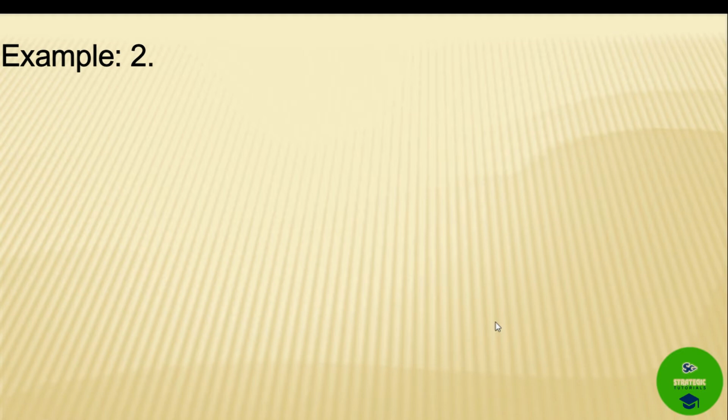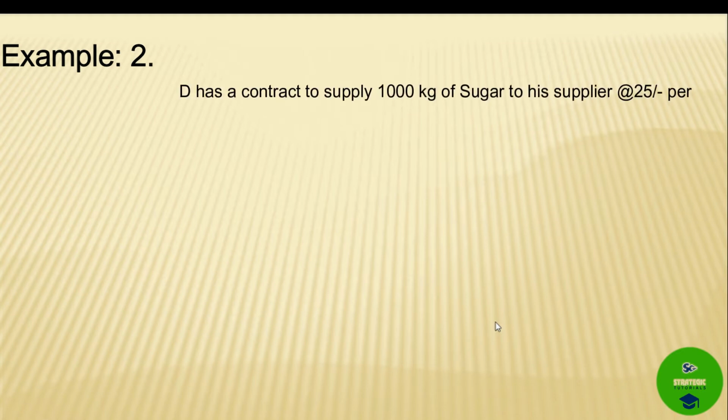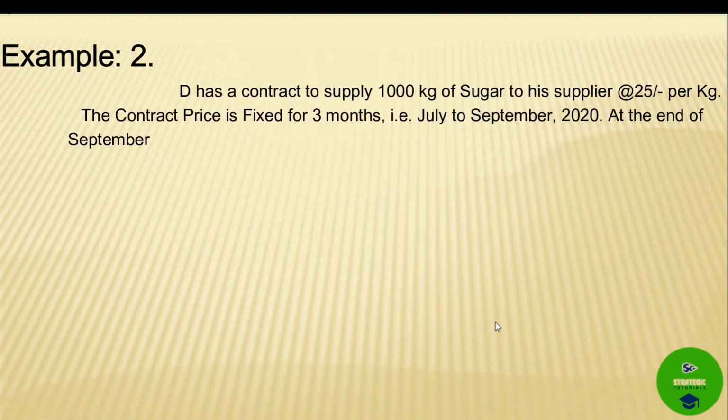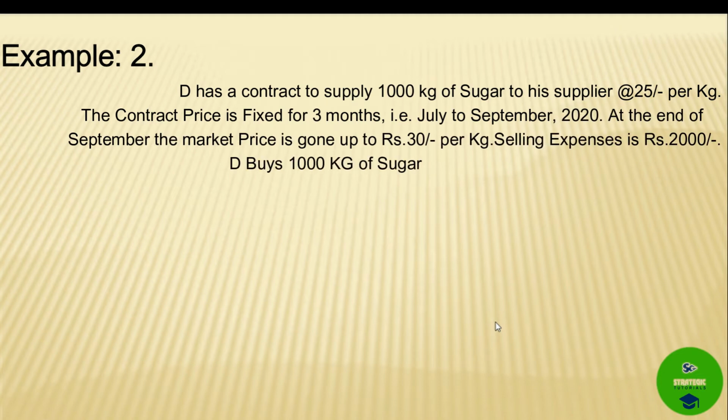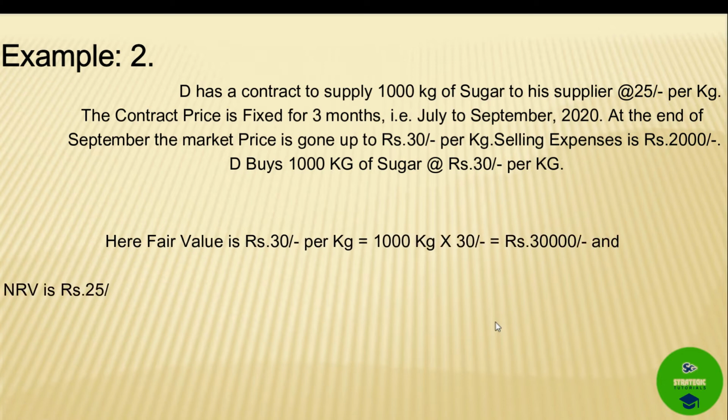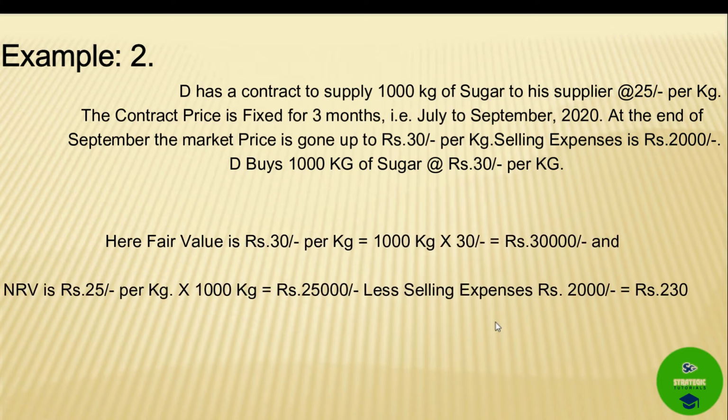Another example. B has a contract of supply of 1000 kg of sugar to his supplier at the rate of 25 per kg. The contract price is fixed for 3 months, that is July to September 2020. At the end of September, the market price has gone up to 30 rupees per kg. Selling expense is 2,000 rupees.